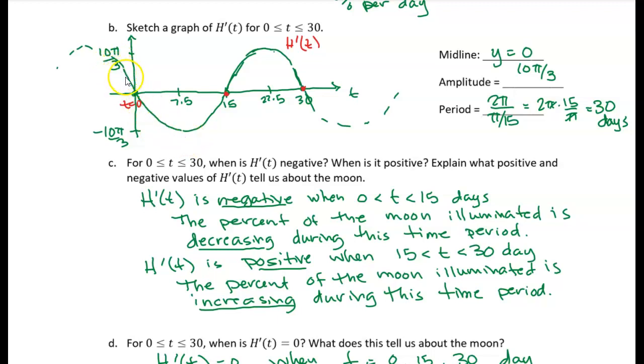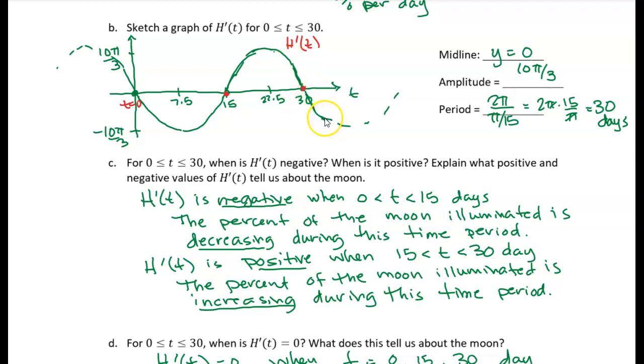It's above the x-axis and then it goes below the x-axis. So that means that the original function, h of t, the illumination of the moon, is going from increasing to decreasing, all right? So it's also happening here too. It's going from increasing above the x-axis to decreasing, right?